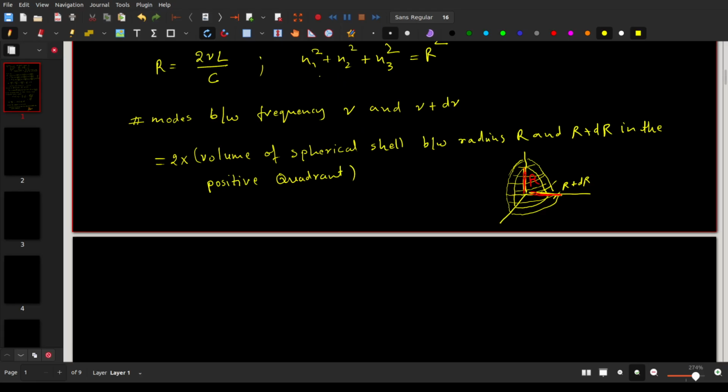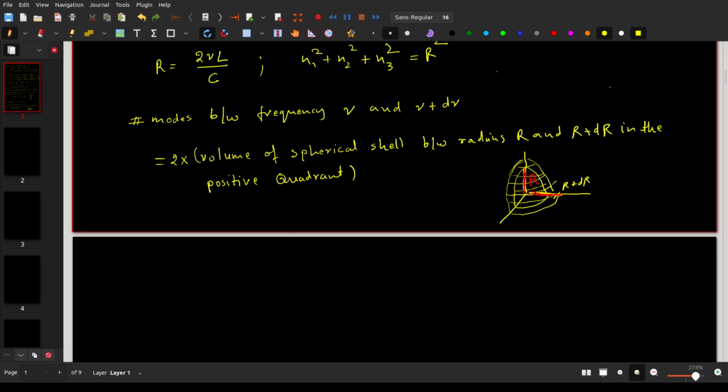Because each box which corresponds to these triplets of integers is of volume 1, that is unit volume. So the number of such boxes, in the limit when there is a very large number of modes, will simply be equal to the volume of this shell between these radii r and r plus dr in the positive quadrant.